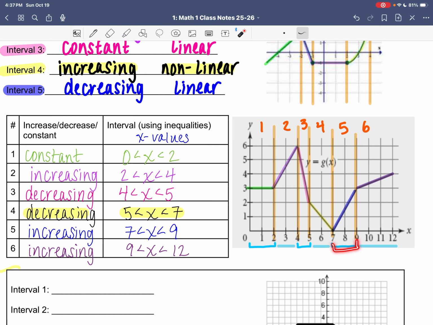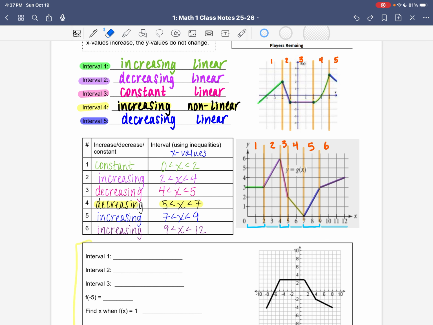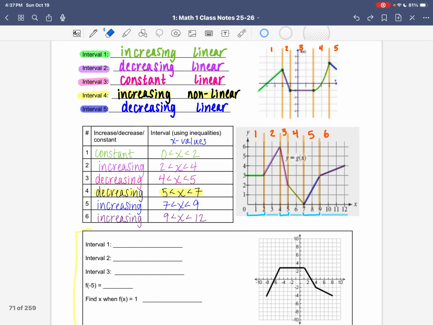And then from 7 to 9, it's increasing. And that is 7 is less than x, which is less than 9. And then lastly, we have another change in the slope. And then this is from 9 to 12. So that's why we wrote all of that. All right, so remember, every time you have a change, make an interval and then describe the interval.